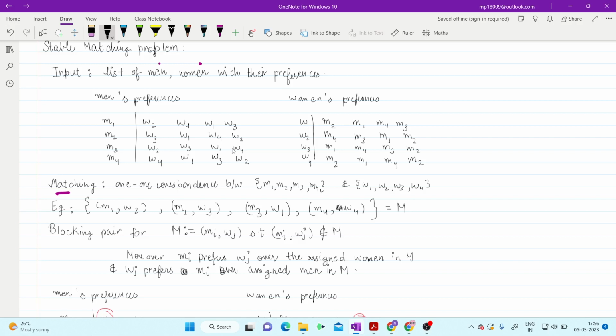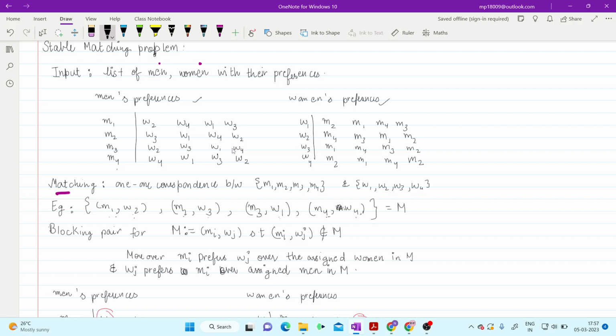So in this case, if this is our list of men's preferences and this is the list of women's preferences, the two sets are the set of men and the set of women. Here, m1w2, m2w3, m3w1 and m4w4 is an example of a matching, because m1 is assigned w2, m2 is assigned w3, m3 is assigned w1, and m4 is assigned w4.